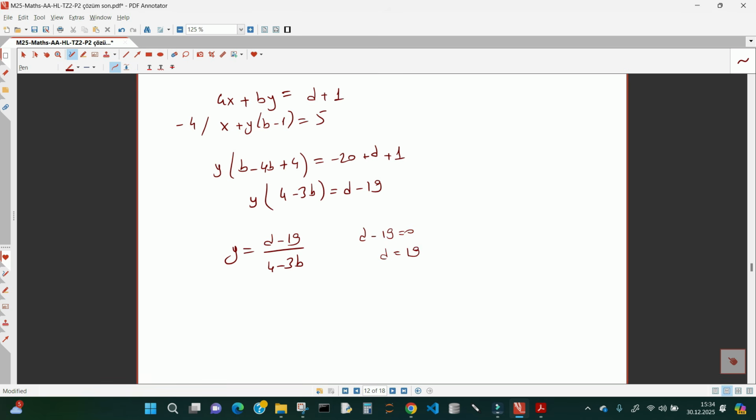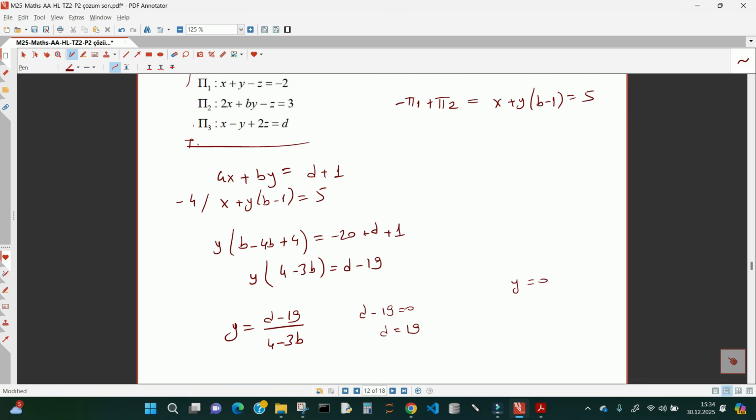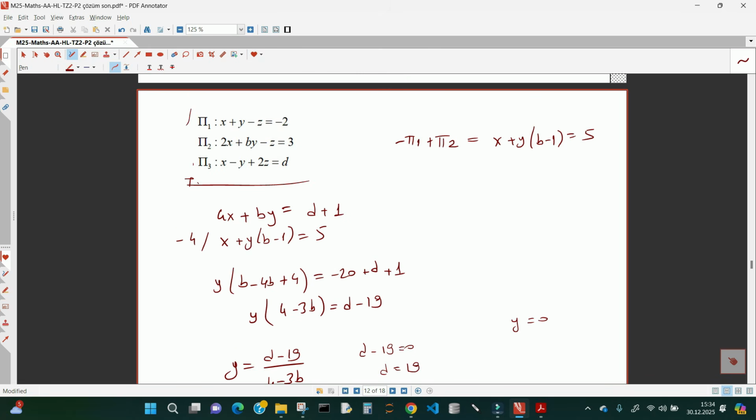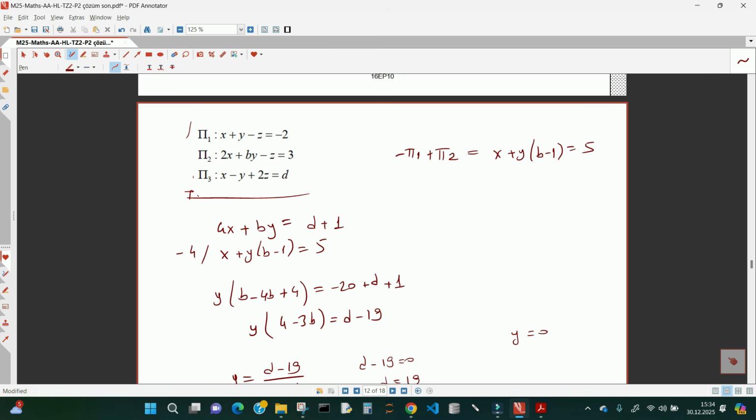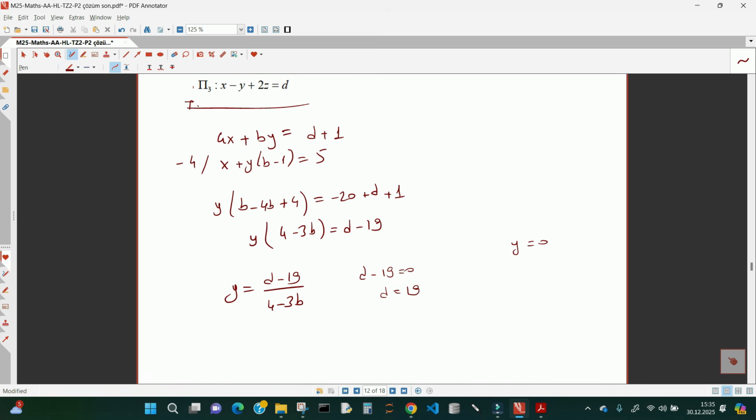But if y is 0, it means we can find the other values x and z by plugging this y into, for example, the equations. In this case, we will find the intersection point, not the line, if we found the y.